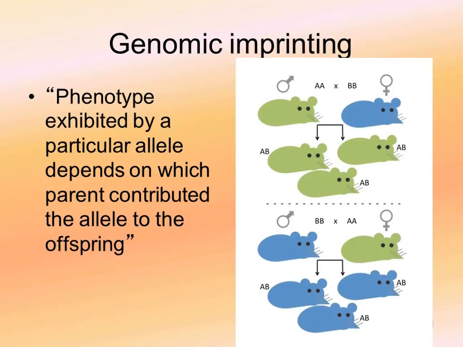Prader, P-R-A-D-E-R, Willi, W-I-L-L-I. This will make the child short, overweight, have difficulty breathing, slight mental retardation, and obsessive-compulsive disorder.